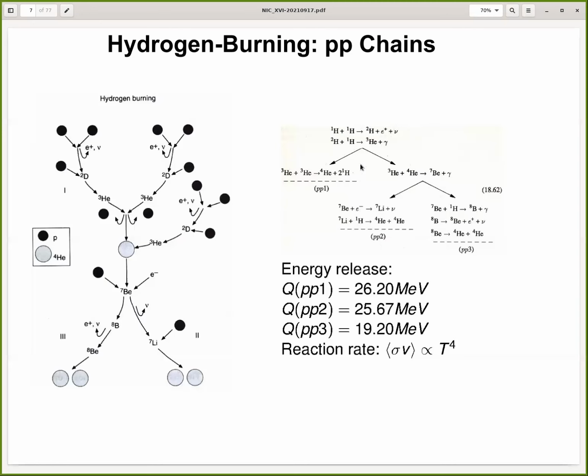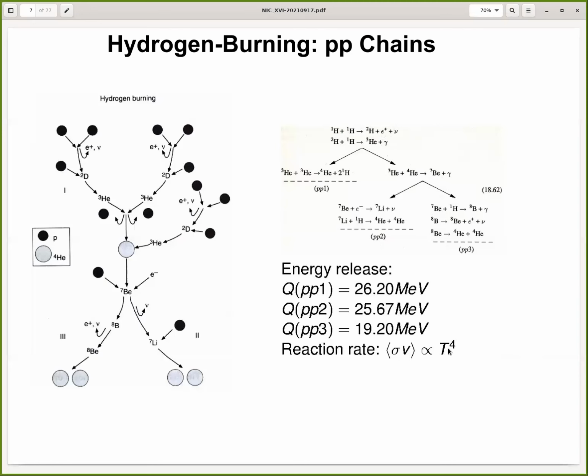But overall, what has to happen in any case is this first part of these reactions, where a proton plus proton have to come together to make deuterium, and then that has to burn to make helium-3. So that's unavoidable. It's required for all three of these reactions, and that's a very slow rate, and sets the time scale for the entire pp chains to be roughly of the order of, or scale with, temperature to the 4th power.